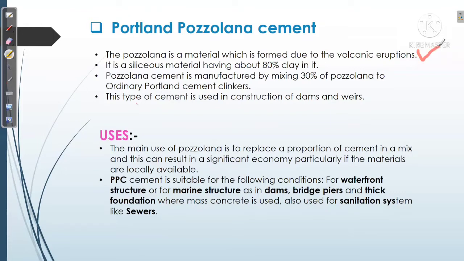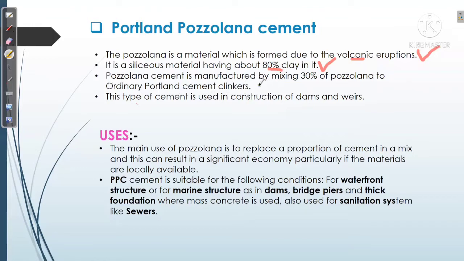Okay, so it is a siliceous material having 80% of clay in it. Okay, so as we have discussed the process, the material will contain siliceous material having 80% clay. Okay, 80% clay, you just have to remember this.